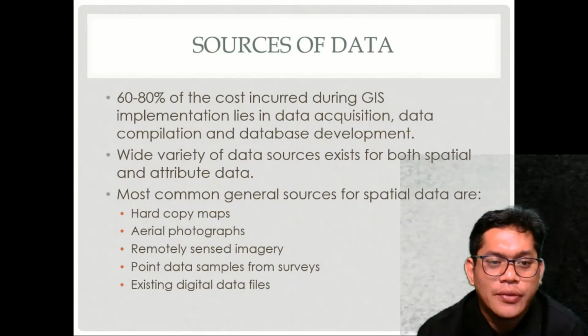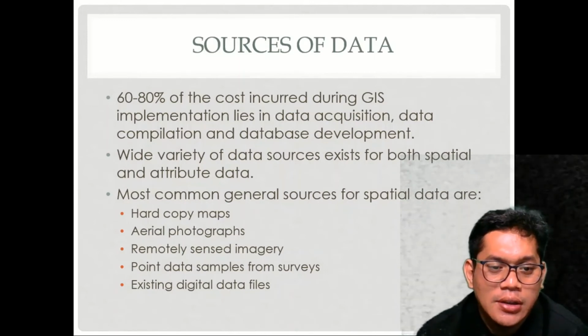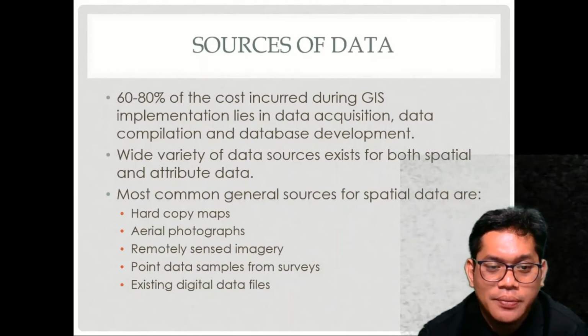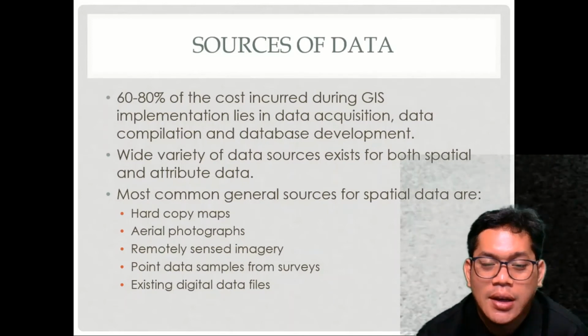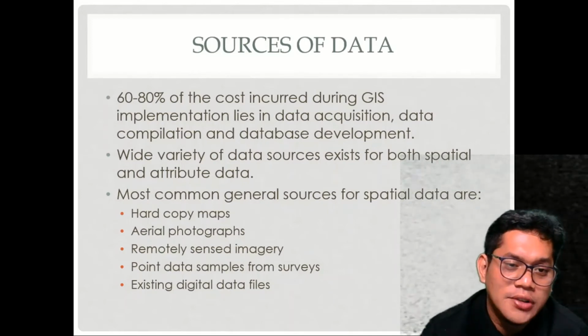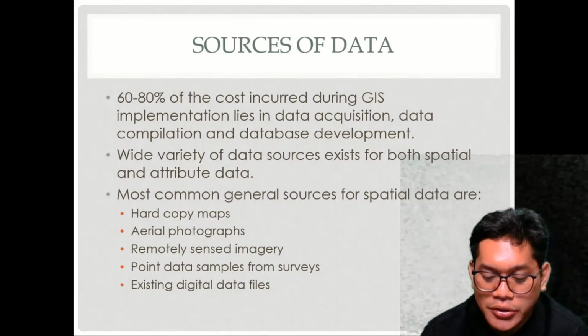Even though a wide variety of data sources exist, usually they are in different kinds of formats, such as hard copy maps, aerial photos, remote sensing images, point data samples, and existing digital data, where combining all of these data requires a lot of time, money, as well as resources.